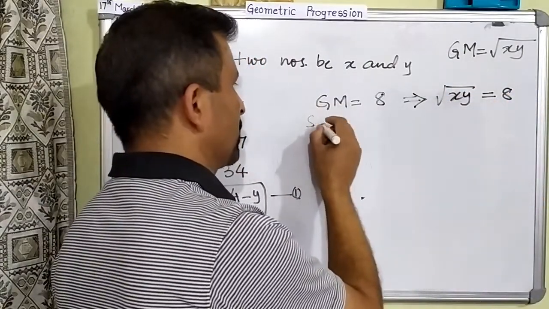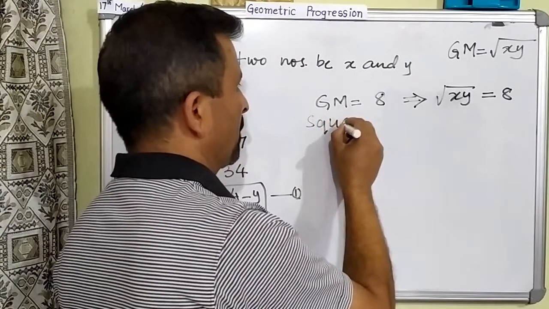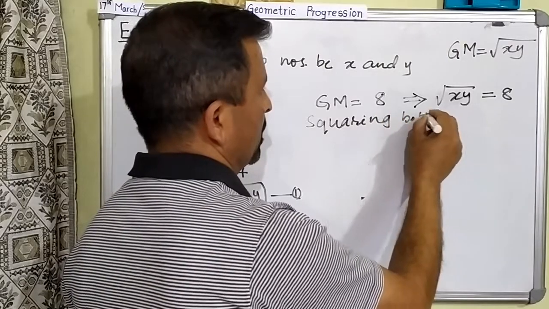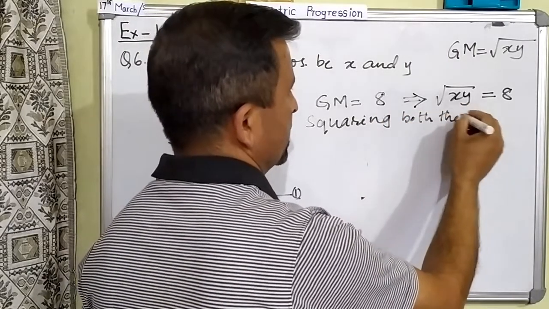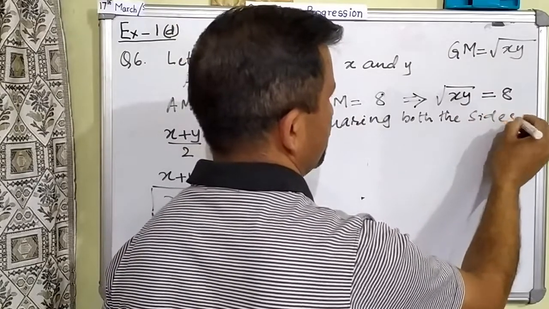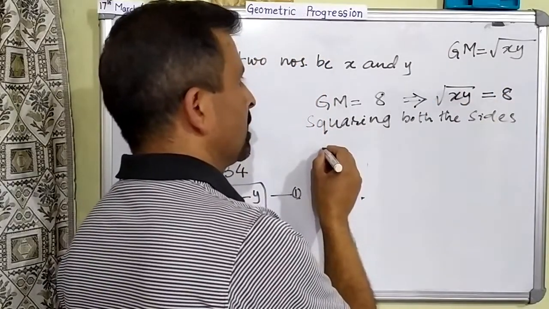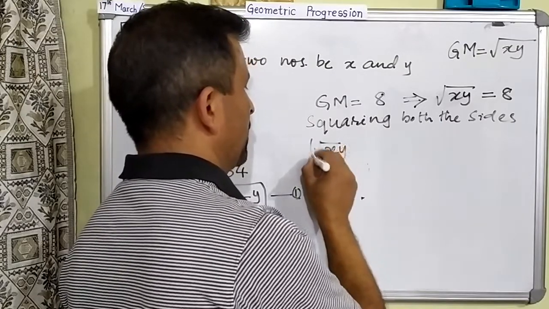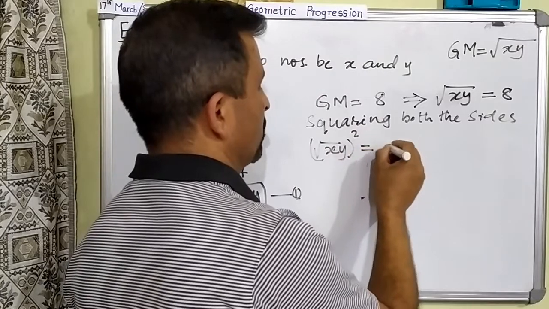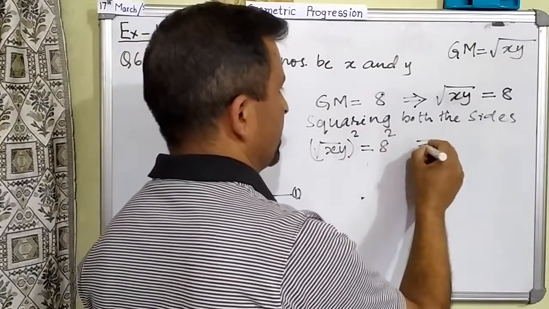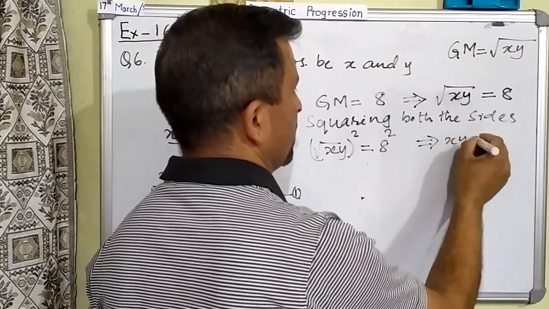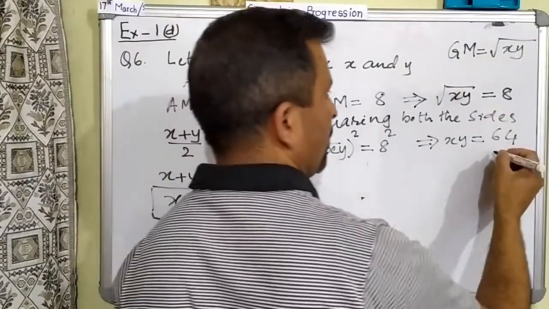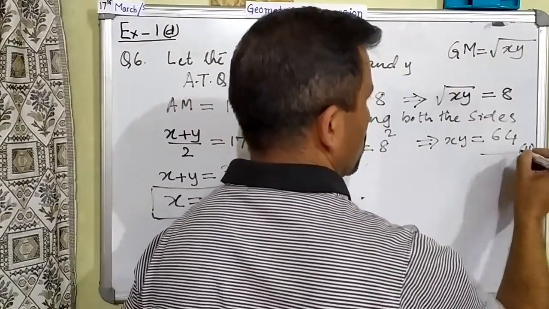So squaring both the sides, we get root of xy whole squared is equal to 8 squared, and this gives you xy is equal to 64. Clear? We can name this equation number 2.